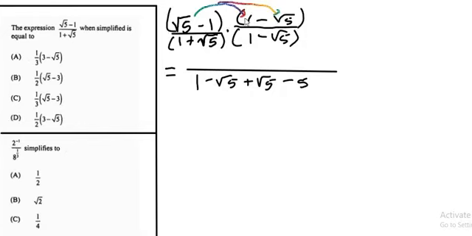So root 5 times 1 will give us root 5. Root 5 again by minus root 5: remember, root 5 by root 5 will give us just 5, but it's a positive and a negative, which when multiplied will give us negative. So positive times negative is negative, and root 5 by root 5 gives us 5. Then we're going to go to the next one.